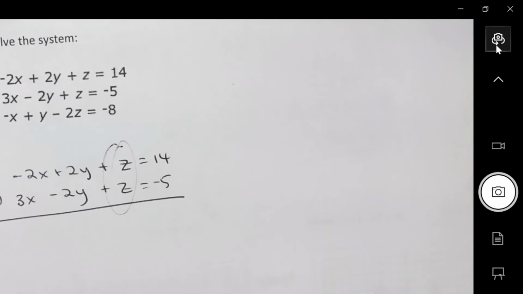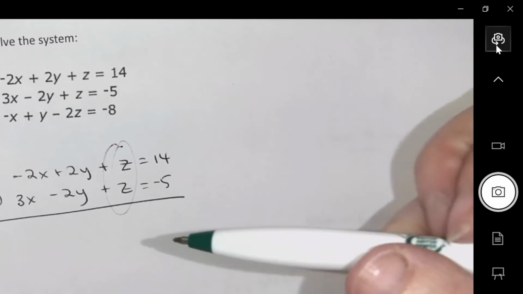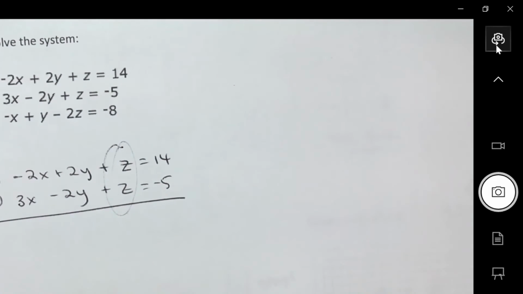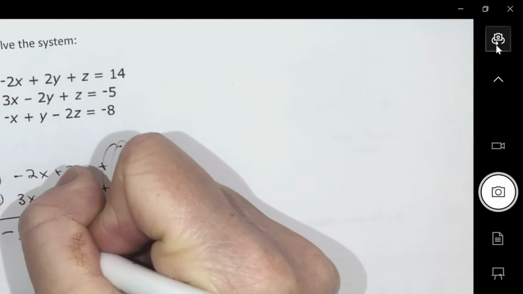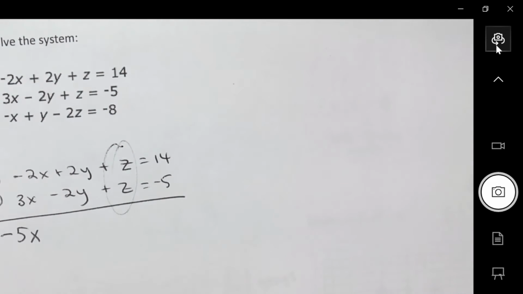Okay, what do you want to do to get that out? Add or subtract them? Subtract. Okay, -2, subtract 3. Two subtract a -2.